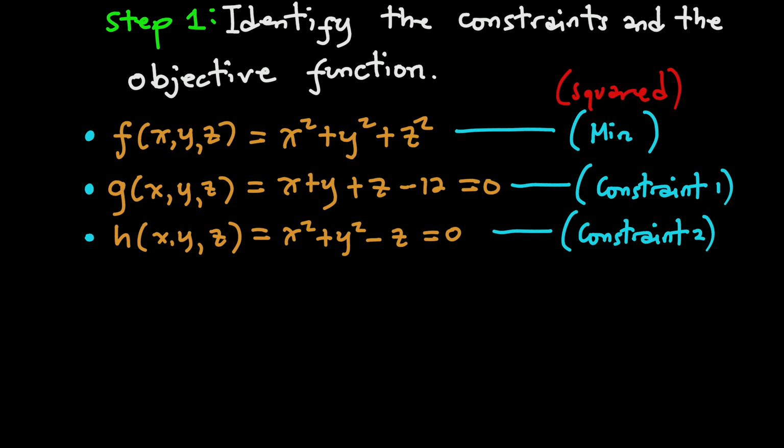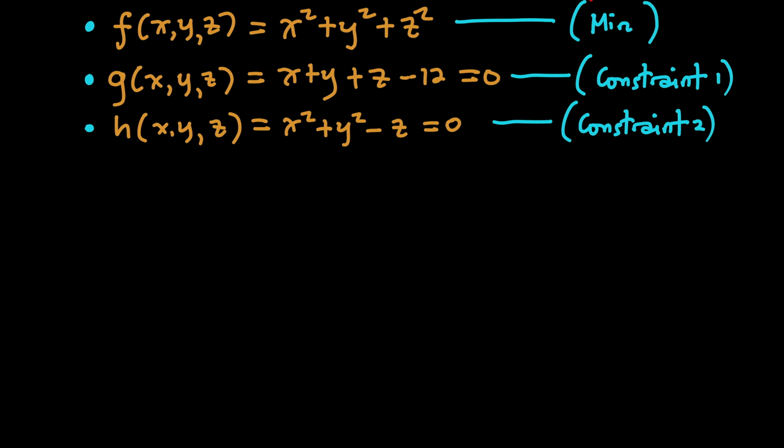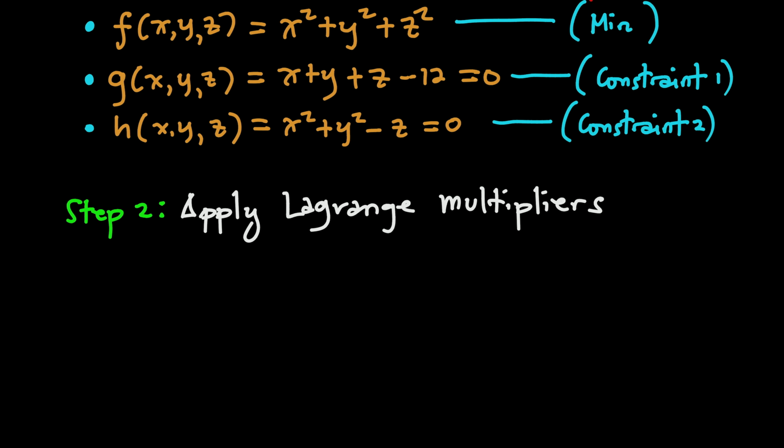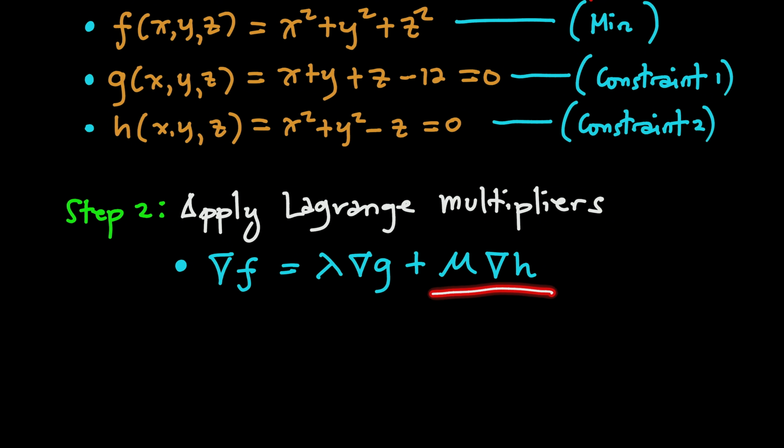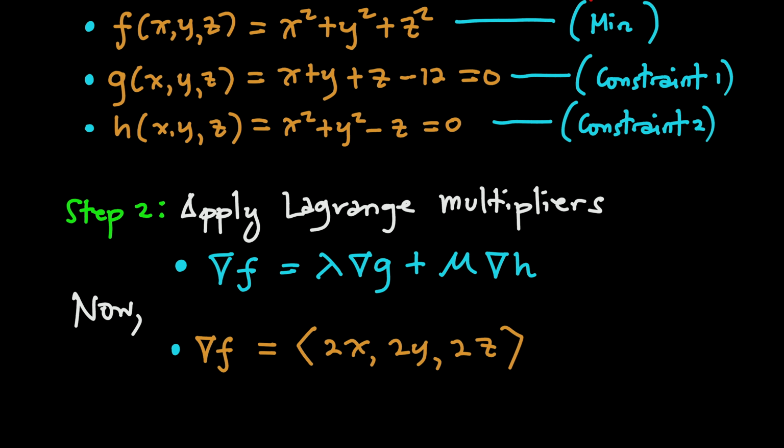Now, for our next step, we apply the Lagrange multipliers. But in this case, since we have multiple constraints, we have the following setup. Here, we simply add the gradient of h with this constant. Now, for the gradient of f, we derive this one with respect to x, we have 2x. Deriving this one with respect to y, we have 2y, and finally we have 2z.